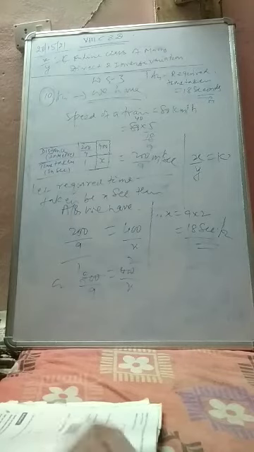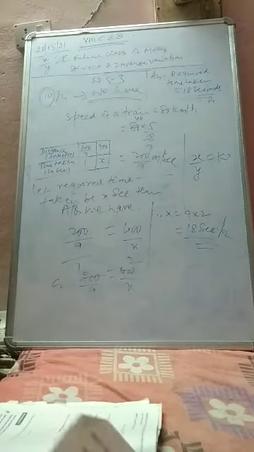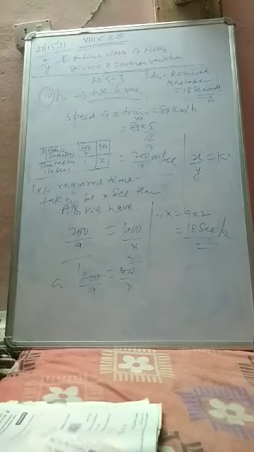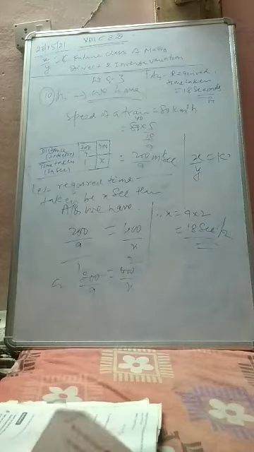Let required time taken be x seconds. Then according to question, 200 by 9 divided by 1 is equal to 400 by x, and 200 by 9 is equal to 400 by x. This 2 got cancelled. Hence x is equal to 9 into 2, that is 18 seconds. It is your answer.